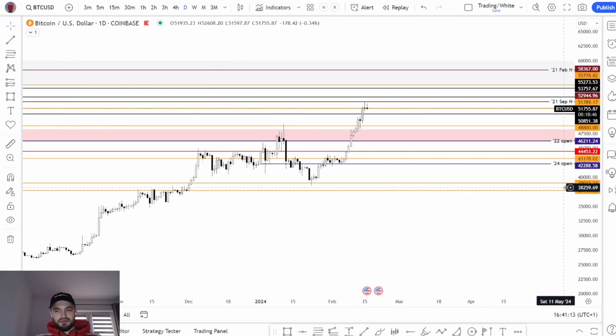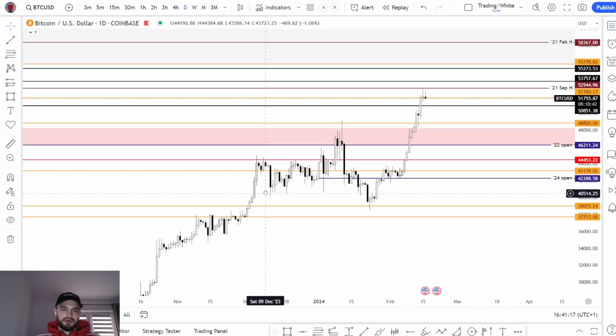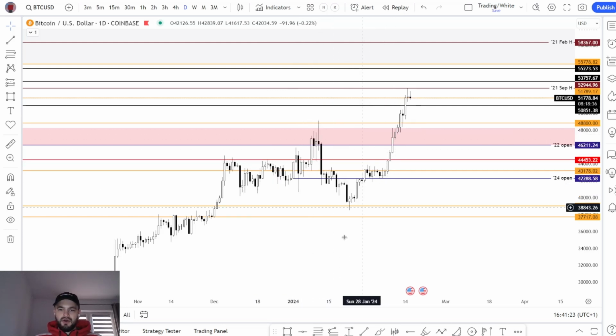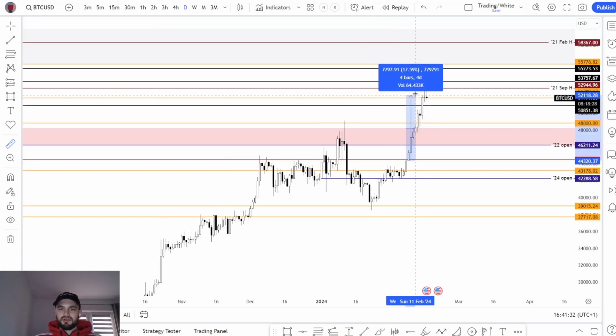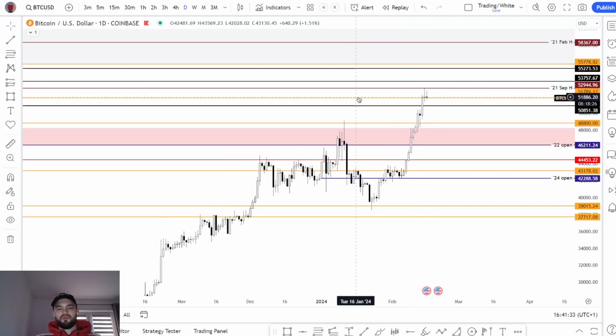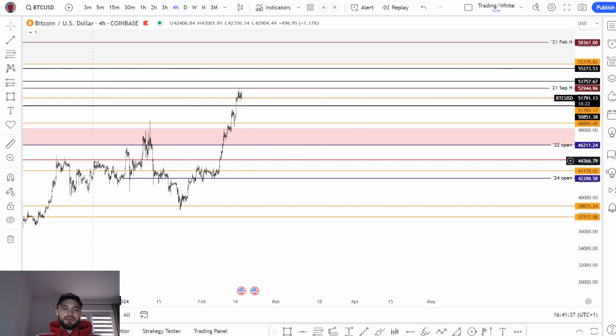And as you can see, I remember I have this level also on my other chart, but struggle to get above, struggle to get above, struggle to get above, got above, deviated below, and now broke through, ran through like crazy. Since we've gone through this level, we've had a 20% move up. So really significant levels get marked in red, at least by me.